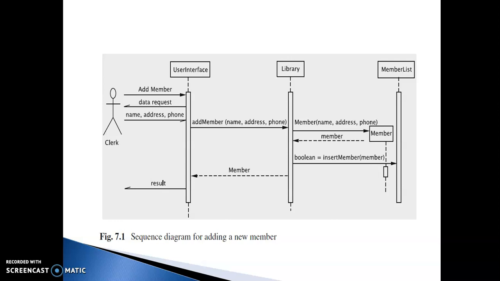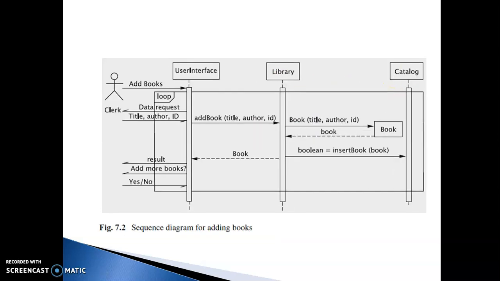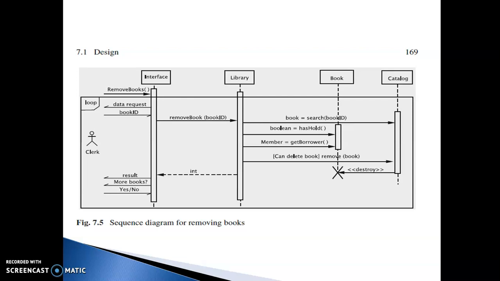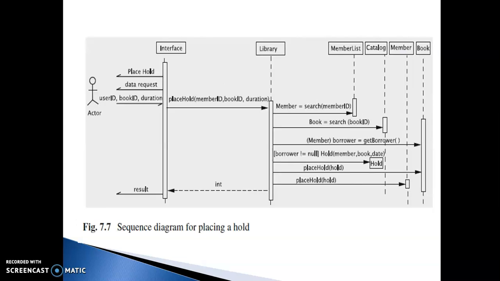The clerk will be interacting with the machine, and there will be one software wherein the processing happens. So here we have a software named library information system and a member list. From there, the data will be queried, and in the same way, we shall proceed with these sequence diagrams.